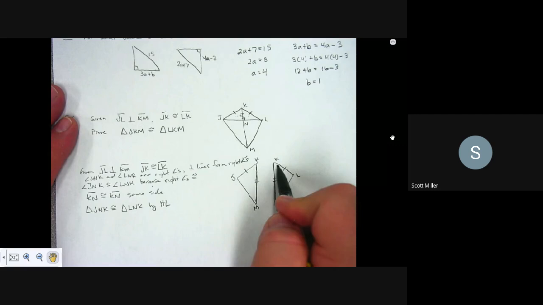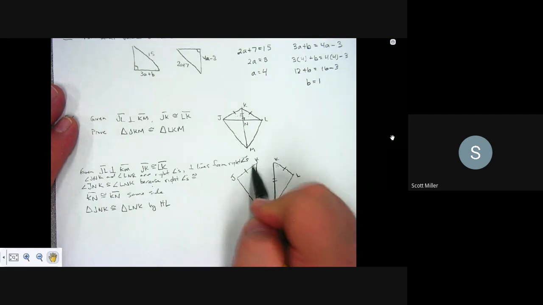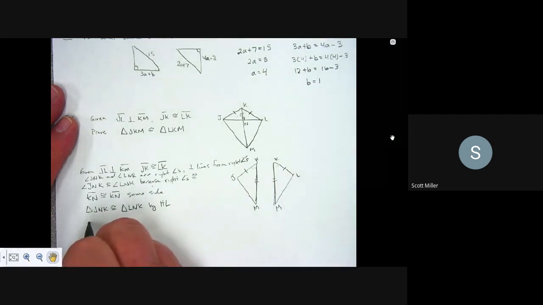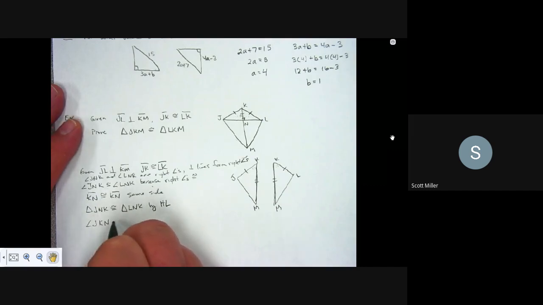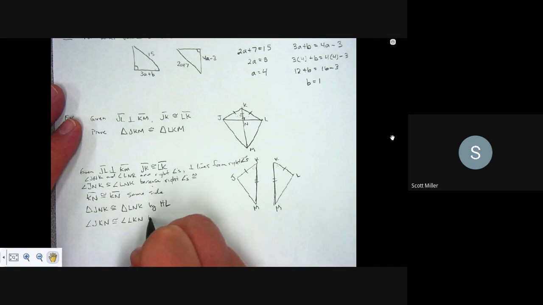I need to get to this angle up here. Angle JKN is congruent to angle LKN by corresponding parts of congruent triangles are congruent.